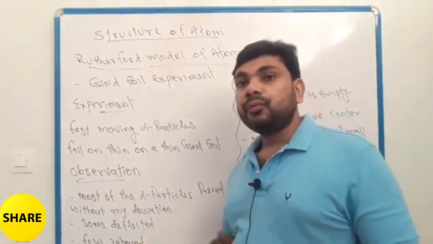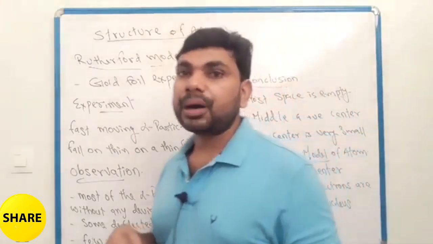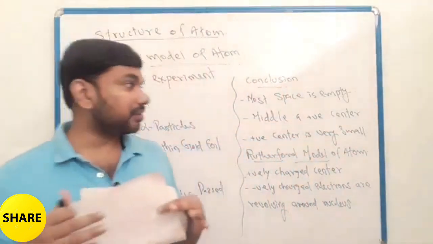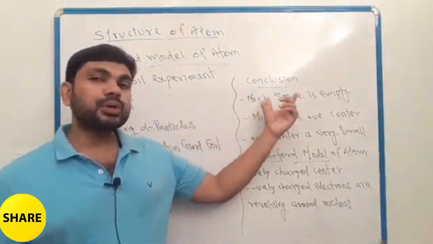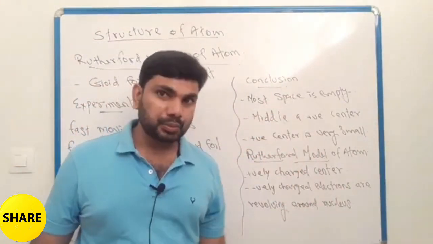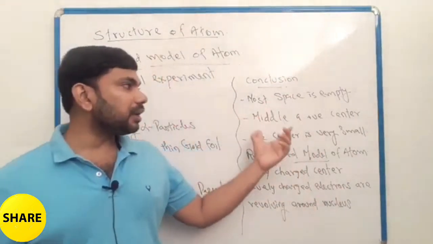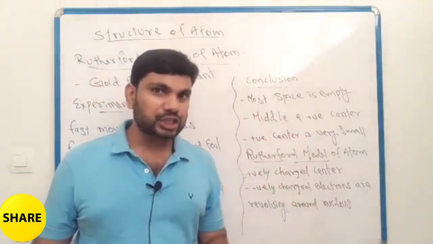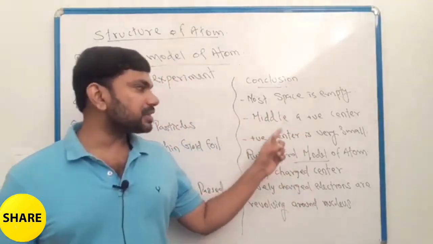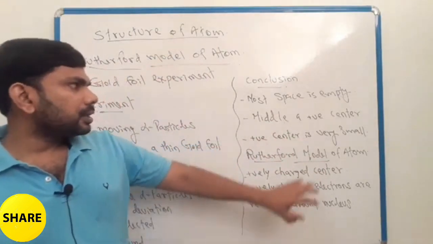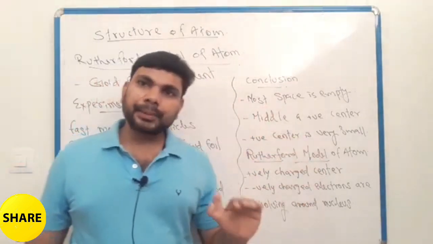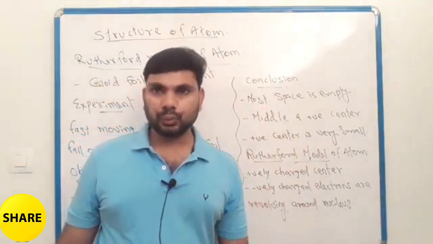Third, very few alpha particles reflected, rebounded. From this, he concluded that most of the space of atom is empty. Second, in the middle of atom there is a positive center. Third, the positive center is very small. So this was the experiment, observation and conclusion.